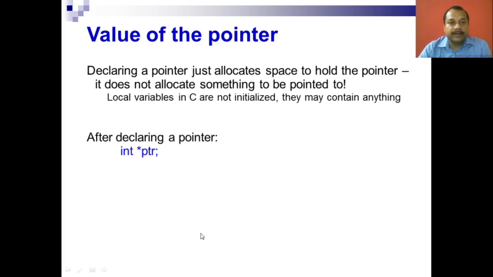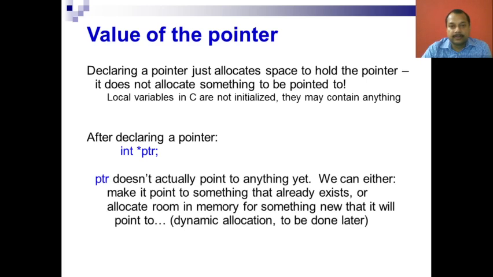Now the value of the pointer: declaring a pointer just allocates space to hold the pointer, it does not allocate something to be pointed to. Local variables in C are not initialized, they may contain anything. Anything means some garbage value, because nothing is erased, it is just superposed in the system.